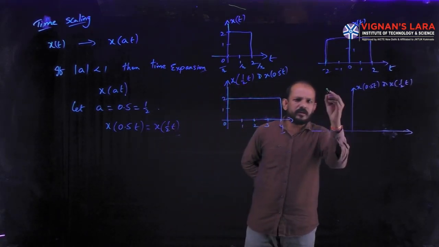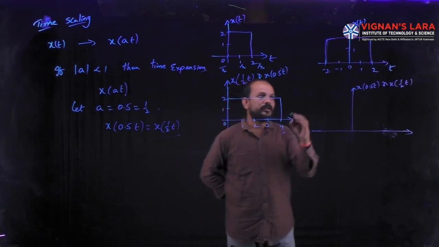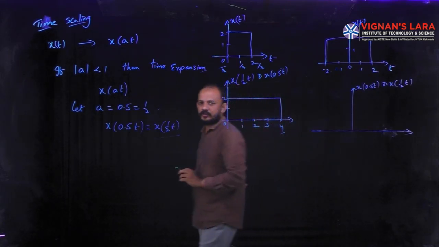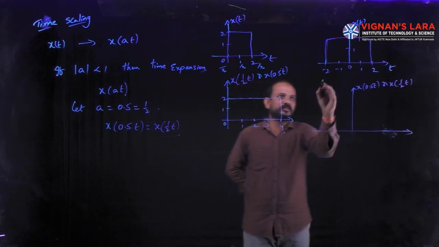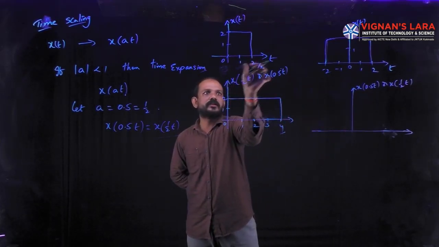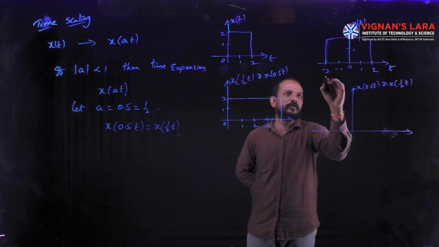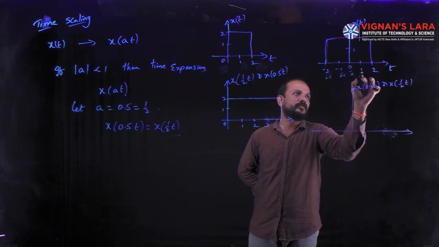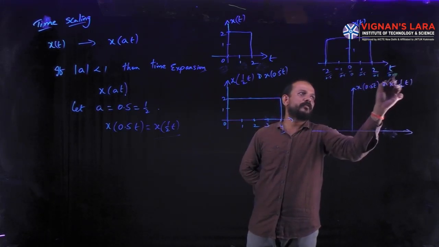Now the amplitude is the same. Now I have to divide each time instant by the scaling factor. So here I had written 1 by 2, so here I will write 0.5. Both are the same.